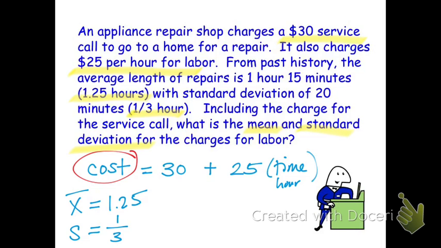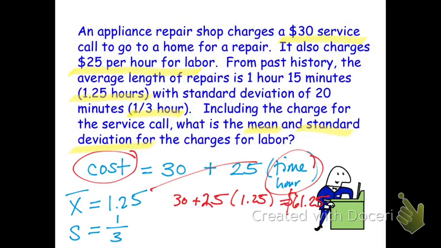So essentially I'm taking these numbers, multiplying them by 25, and adding 30. For the mean, it's really easy because I'm just going to plug it in right here: 30 plus 25 times 1.25. So your average cost is going to be $61.25. But for standard deviation, this 30 does not matter because it's adding a constant.